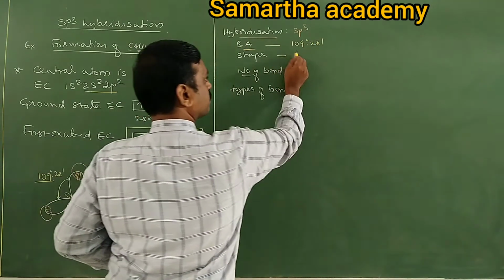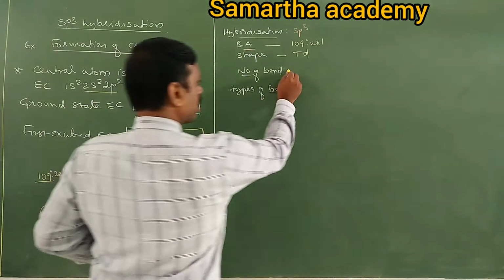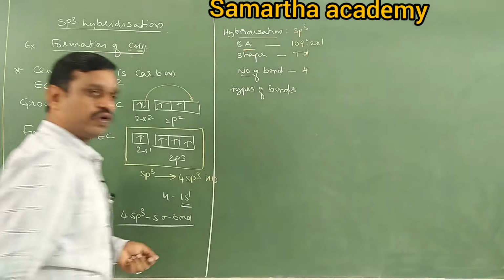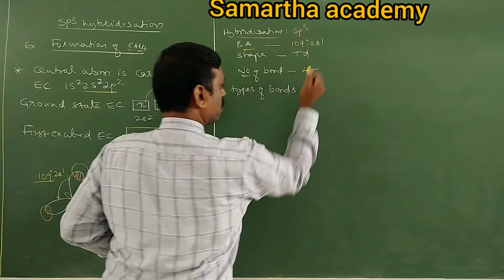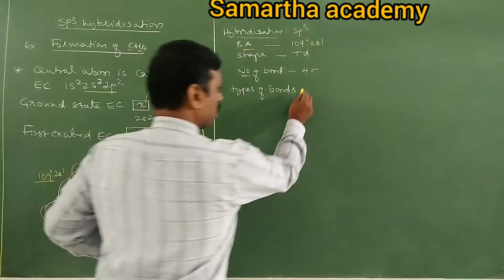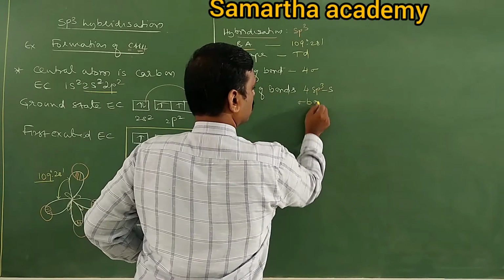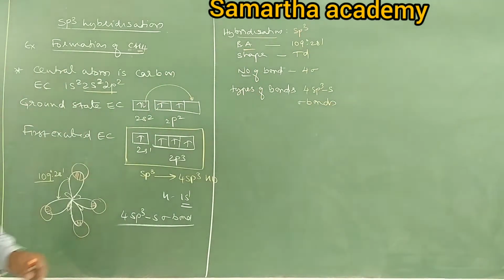Next, shape is tetrahedral. Right? Next, number of bonds. How many? 4. Which bonds? Sigma bond. Which type of sigma bond? sp3 s sigma bond. There are 4 sp3 s sigma bonds. It is about methane. Right?